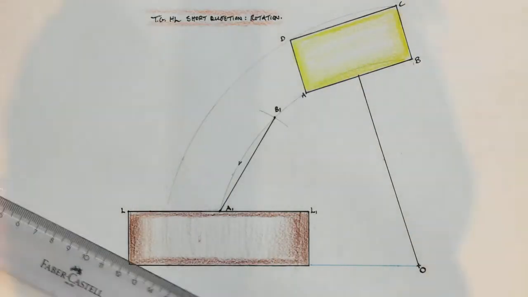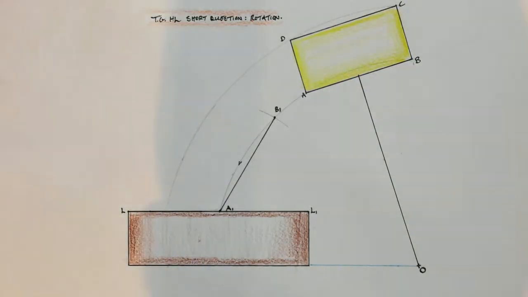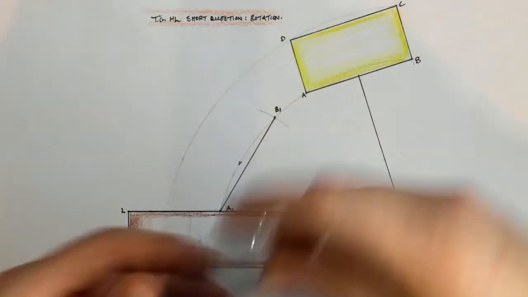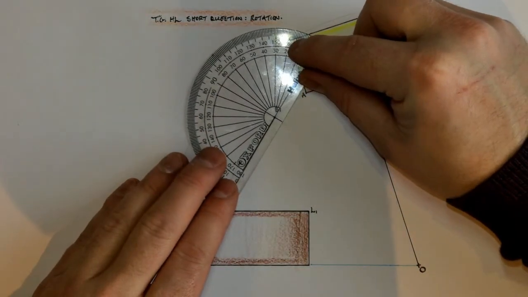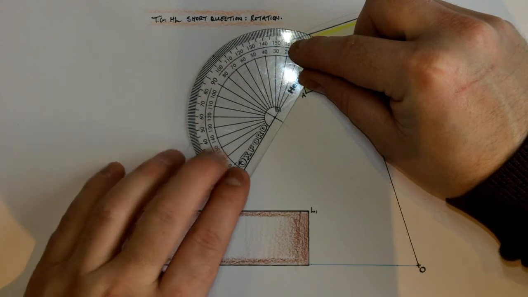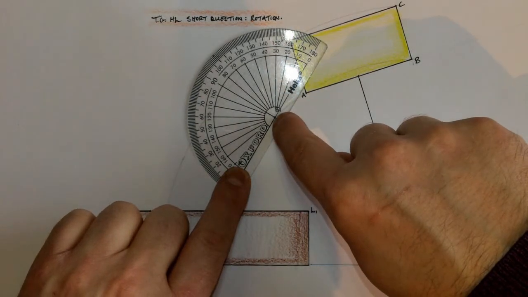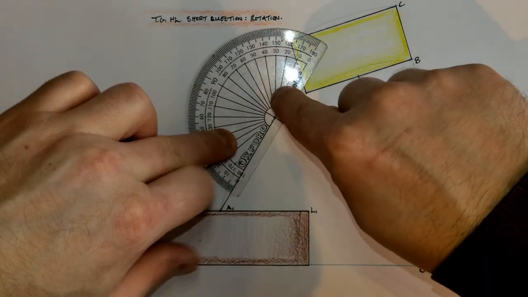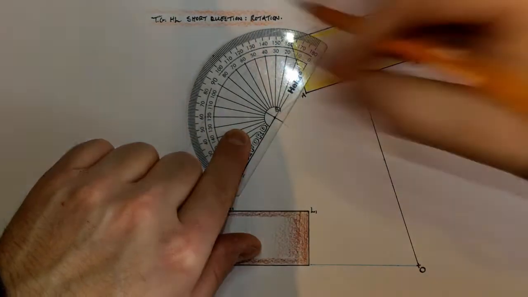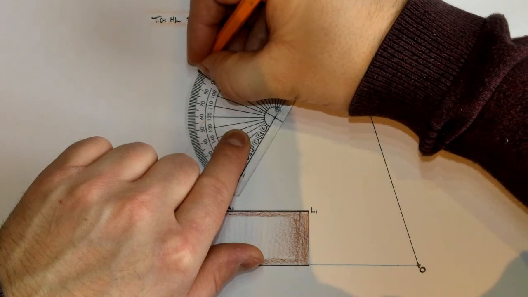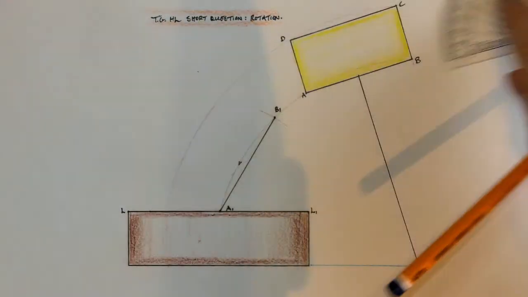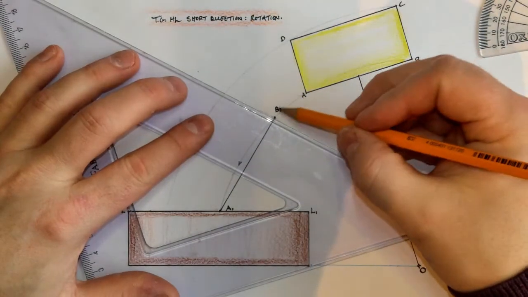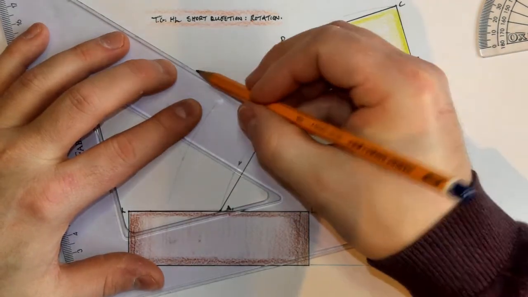So what we do in this case is we get our protractor, which is probably the easiest method when you're answering this in an exam. Put the protractor on point B, center of it, line it up on the line connecting A1 to B1, and mark 90 degrees. Mark your 90 degrees like so, then connect B1 out to that point.